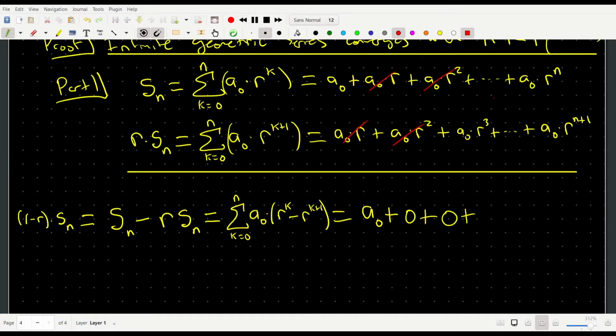Then a naught times r cubed minus a naught times r cubed cancels out. These terms cancel all the way up to the nth term, so a naught times r to the n cancels out, up until the last term, which is minus a naught times r to the n plus 1.